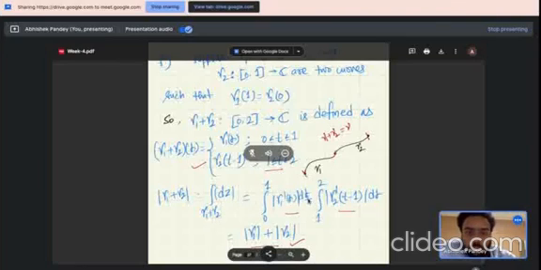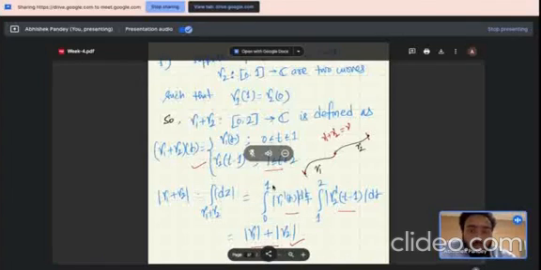This will be nothing but the integral from 0 to 2 of mod of gamma 1 plus gamma 2 dot t. Okay, and 0 to 2 you can divide into 0 to 1 and 1 to 2.